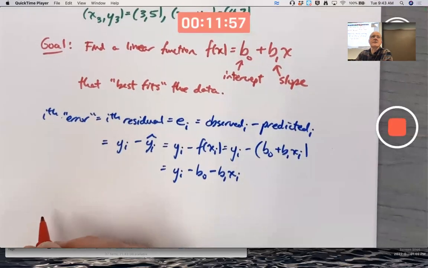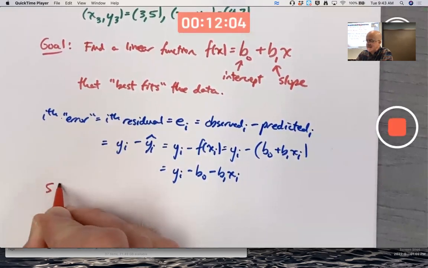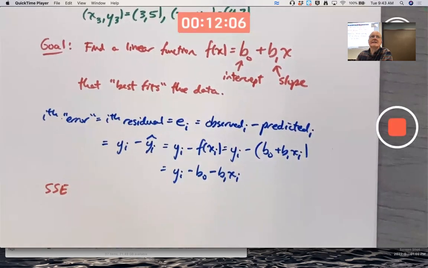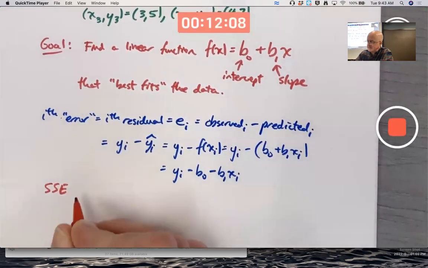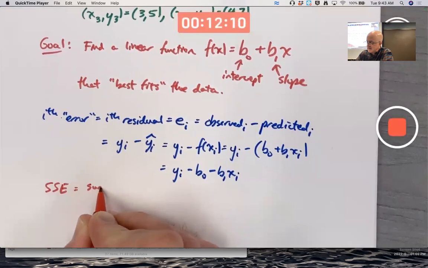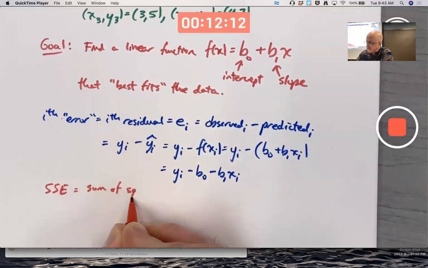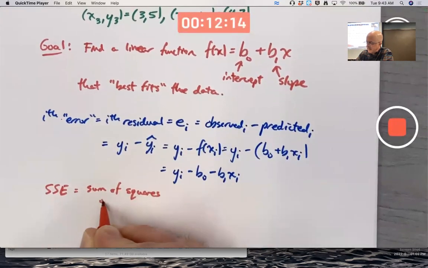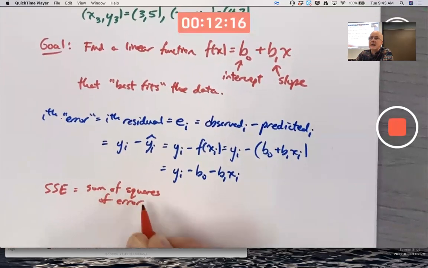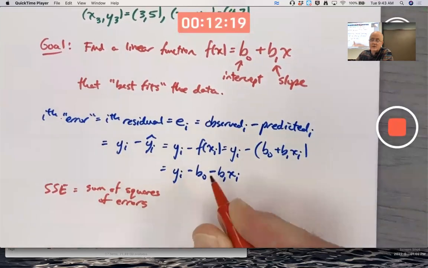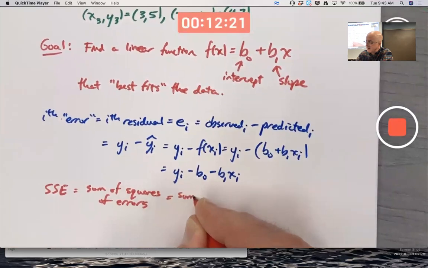The sum of the squares of the residuals, also called the sum of the squares of the errors, is denoted by SSE, sum of squares of errors. But of course, since error is synonymous with residual, it's also sum of squares of residuals.